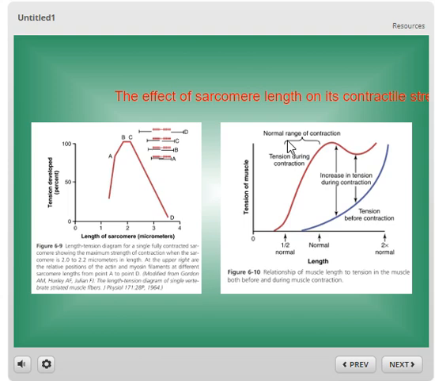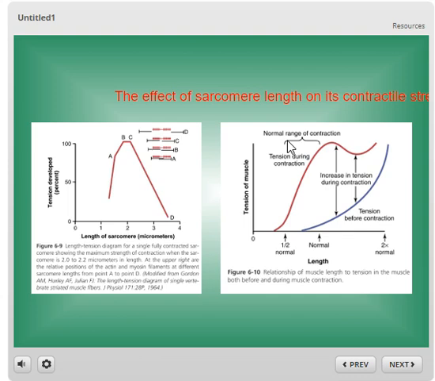The relationship between the length of a sarcomere and its ability to generate force is known as the length-tension relationship. At the optimal sarcomere length, typically around 2 to 2.2 micrometers in human muscle, the overlap of actin and myosin filaments is ideal.